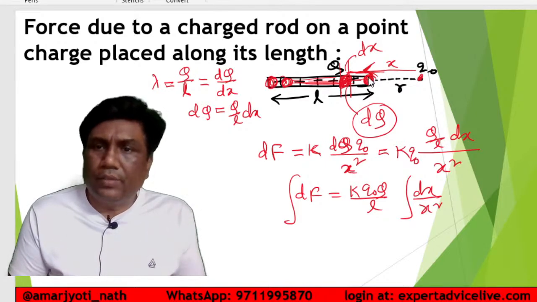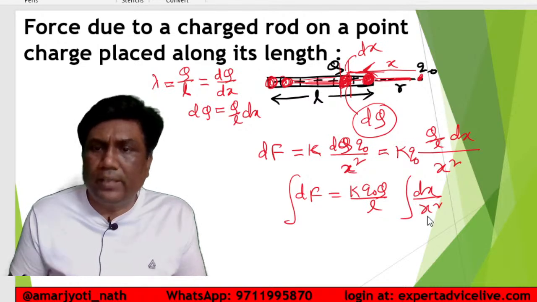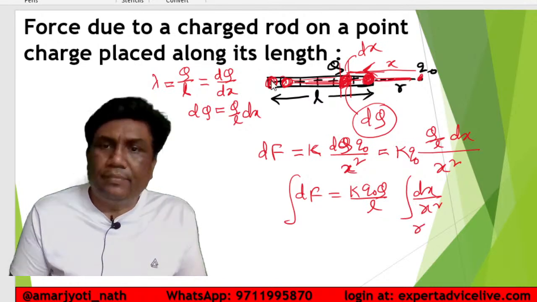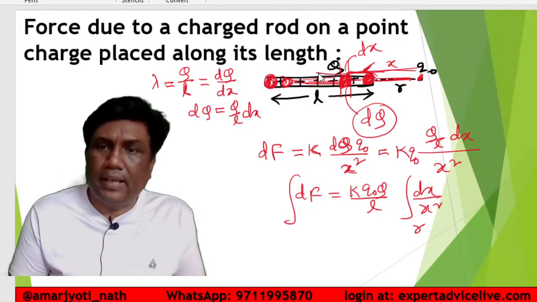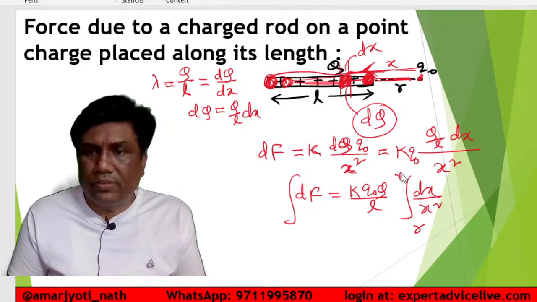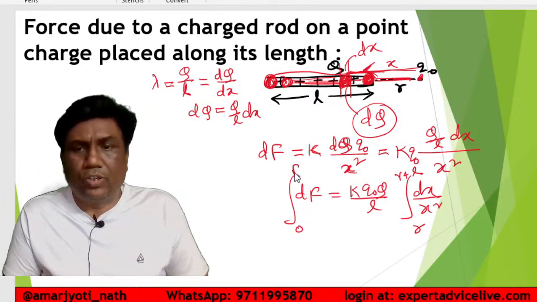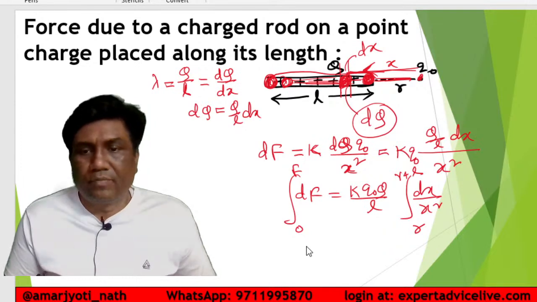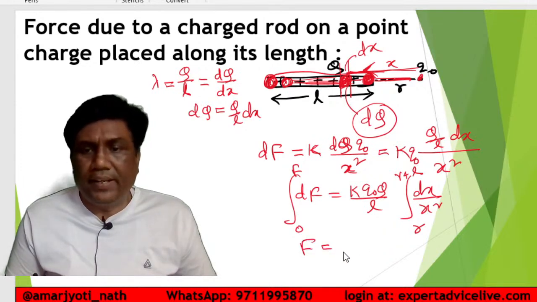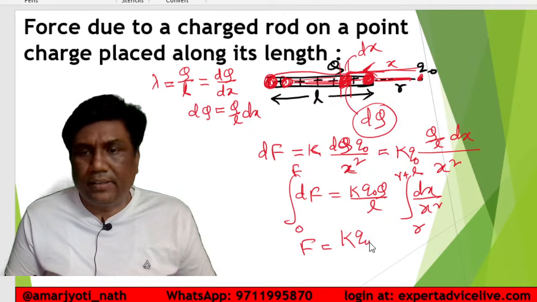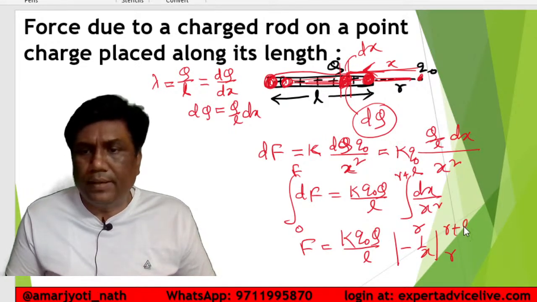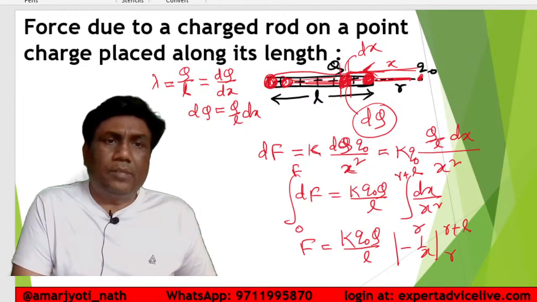If it is taken here, x is nothing but r, and if it is taken at the far end, x is nothing but r plus L. So the integration should be performed from r to r plus L, and on the left side correspondingly from 0 to F. If we simplify a little bit, k Q naught Q by L, and the integral of 1 by x square is nothing but minus 1 by x, with the limits from r to r plus L. The calculation part you can do.